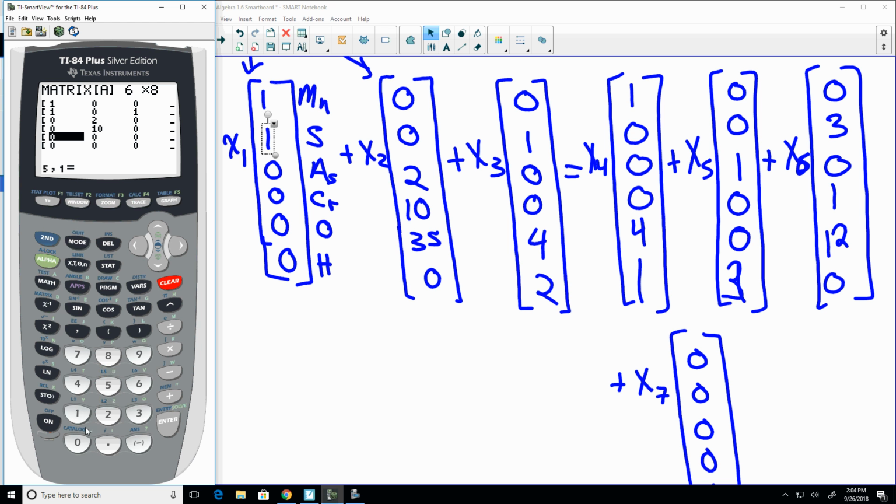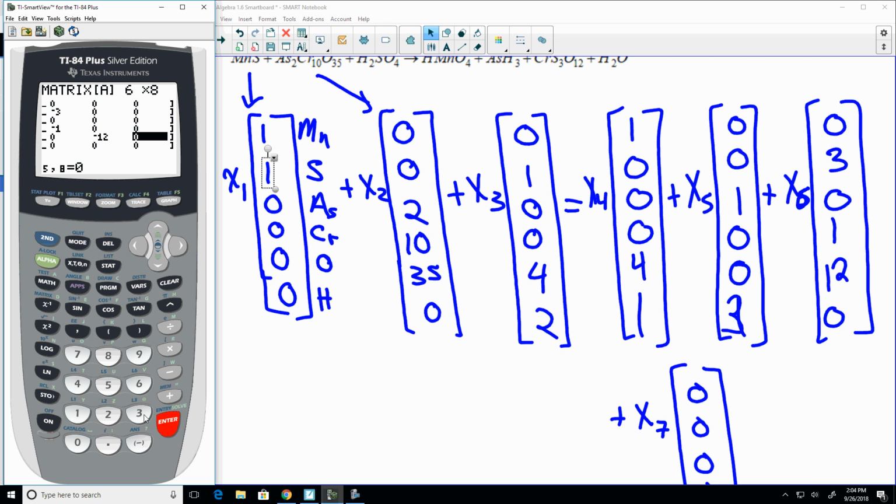Whoops. That wasn't right. Let's see. No, it was a negative 12.